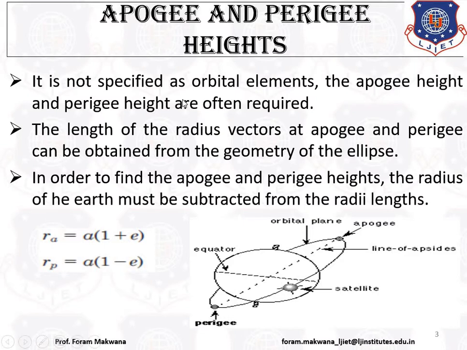So, the length of the radius vector at the apogee and the perigee can be obtained from the geometry of the ellipse. How? If we want to find the apogee and perigee heights, first we have to calculate the radius of apogee and the radius of perigee.